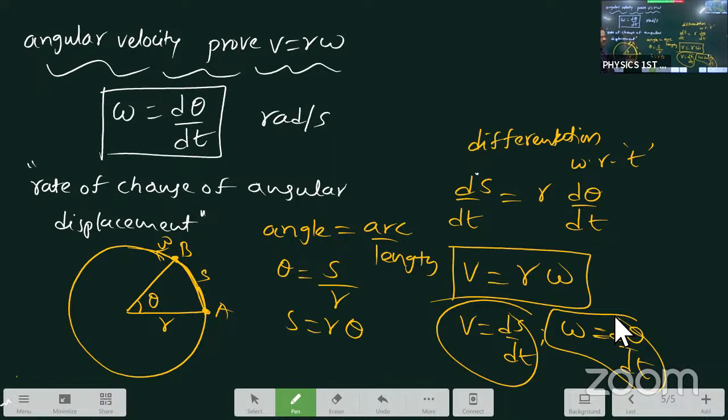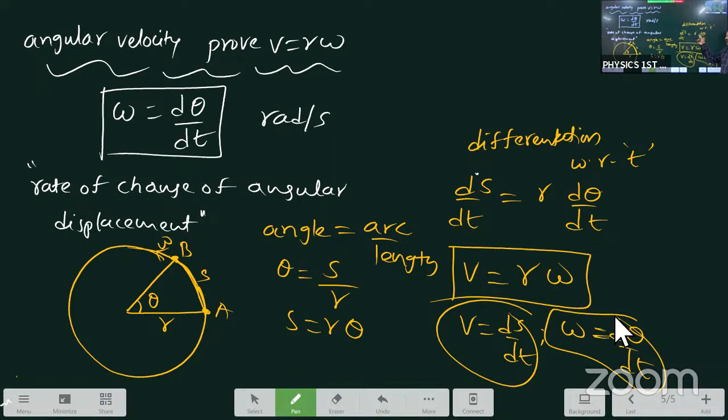Angle equals arc per length. That is the formula, just like mathematically sin theta equals opposite side by hypotenuse. Theta equals S by R, so S equals R theta. Differentiating the left side gives ds by dt. Why are we not touching r? In a circular path the radius is constant, including in mathematics.